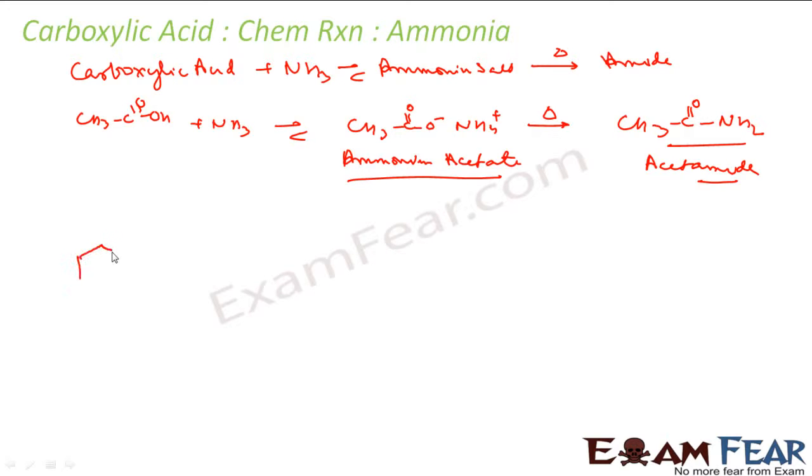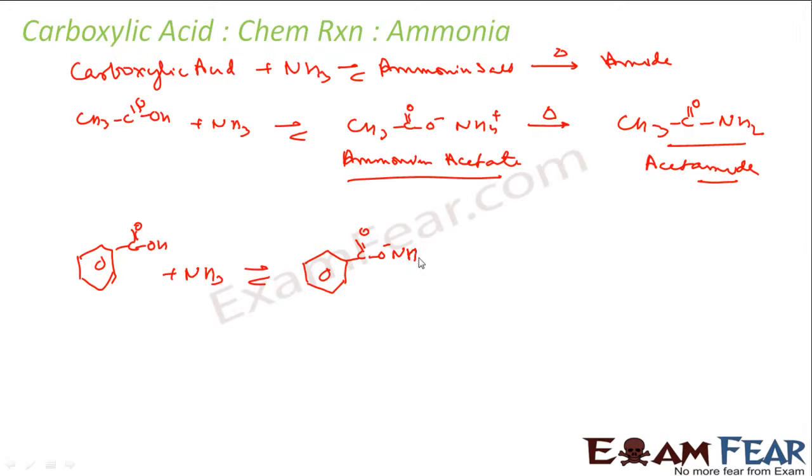Similarly, you can do this reaction for benzoic acid also. This is benzoic acid. When it reacts with ammonia, it's in equilibrium and it forms this compound, COO minus NH4 plus, because one hydrogen goes from here to NH3.